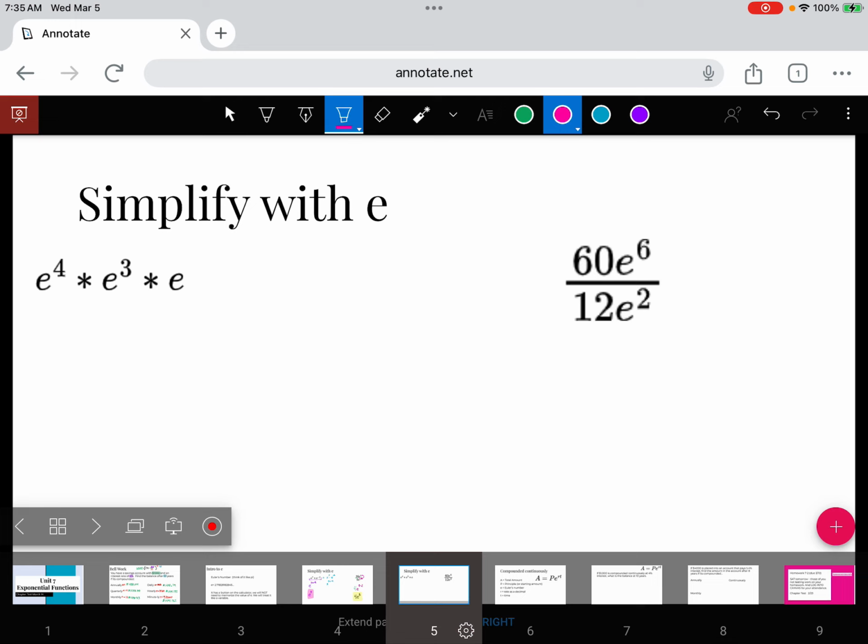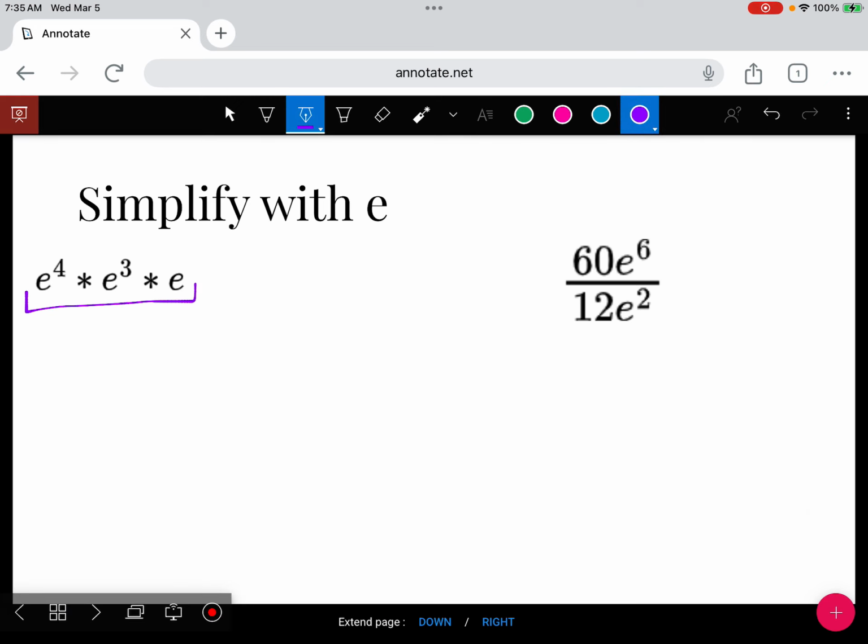Okay? So, when we have a set like this, what am I doing? Whether it's e's, x's, or 2's, doesn't matter. What can I do with these exponents? Add them. 4 plus 3 plus, what do we put for this guy? What's his exponent? 1.